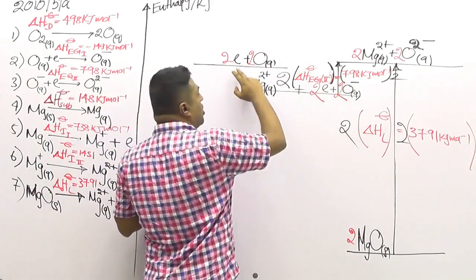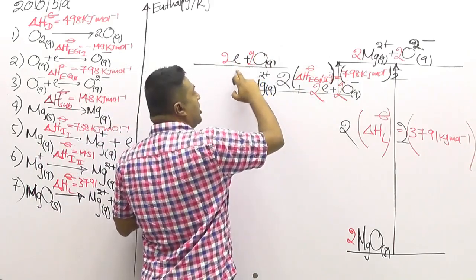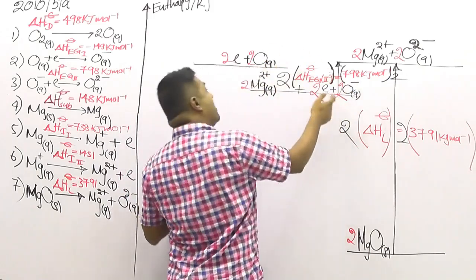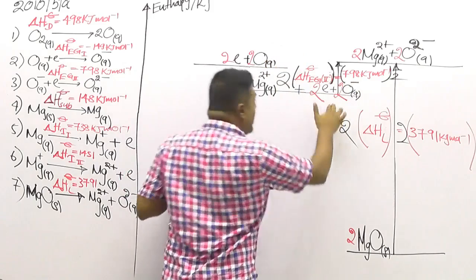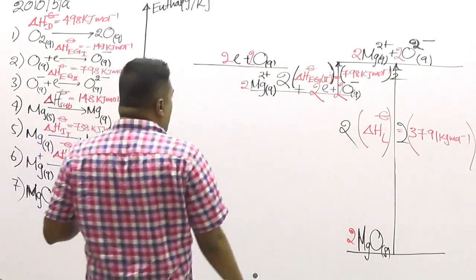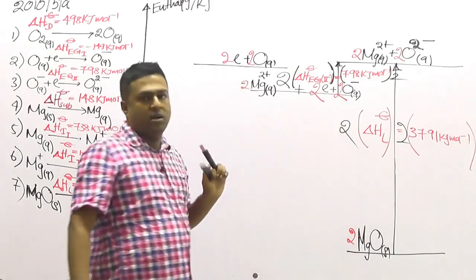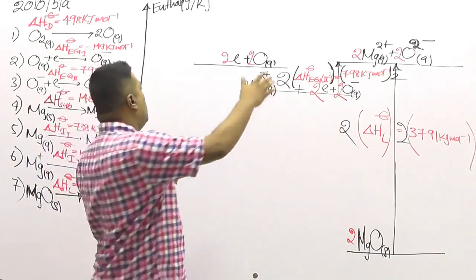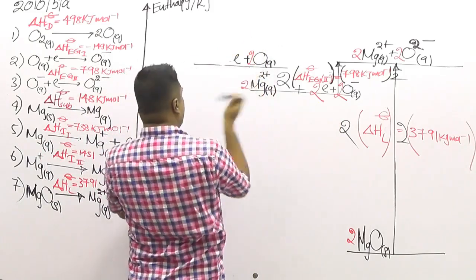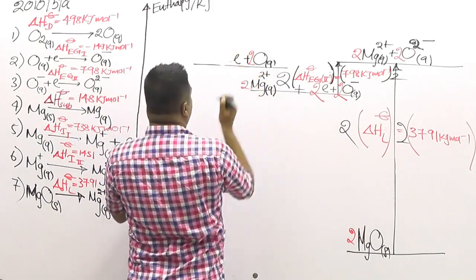You need 2 electrons to produce 2 O minuses, and you have 2 electrons here. 2 plus 2, it has to be 4 electrons.